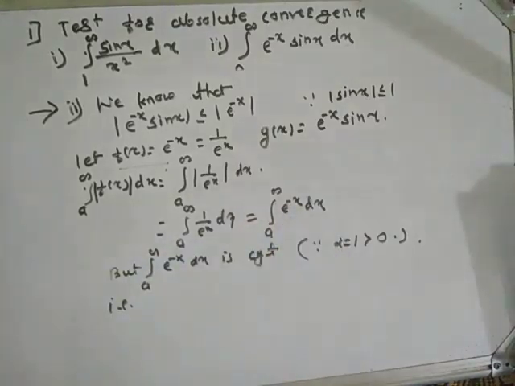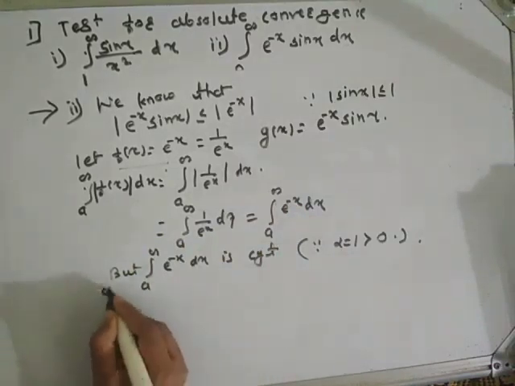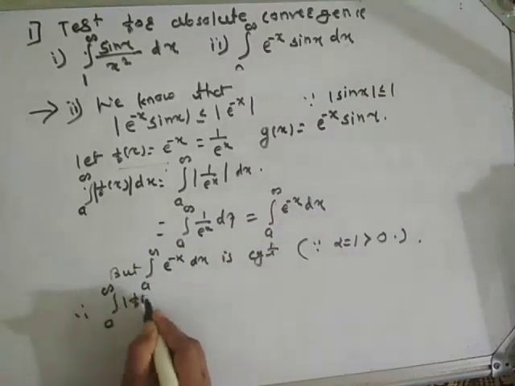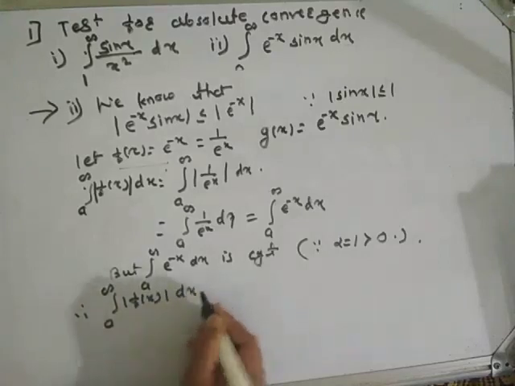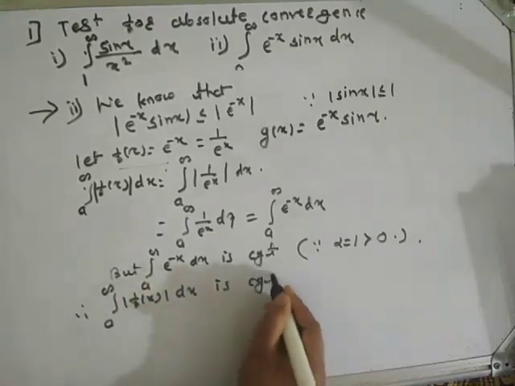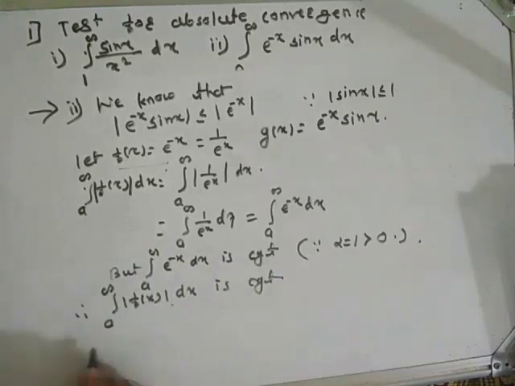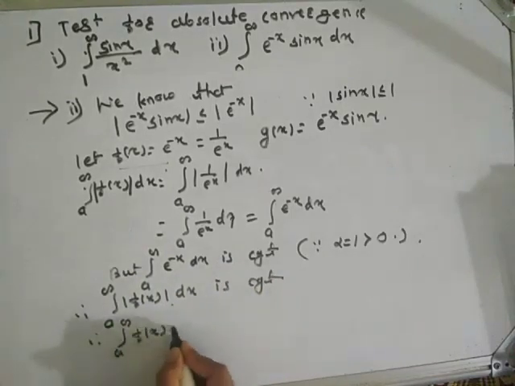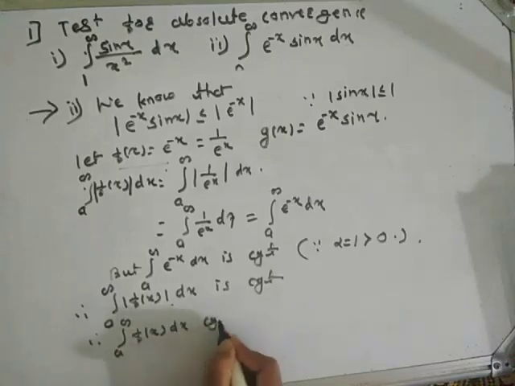This integral is convergent means what? Integration from a to infinity mod f of x dx is convergent. This mod is convergent means what? Integration from a to infinity f of x dx converges absolutely.